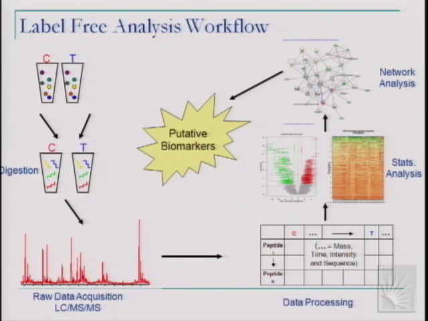This becomes a fairly high-dimensional data set, where we can track thousands of peptides across many samples. Because of that, we need to apply higher-level statistical analysis tools so that we can ensure that we're assigning the most appropriate significance to the data.